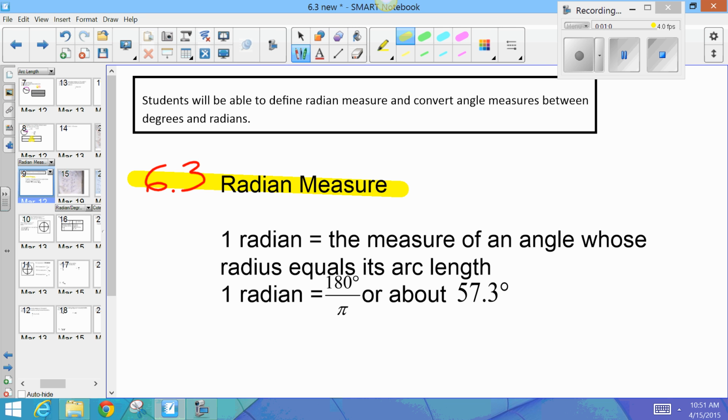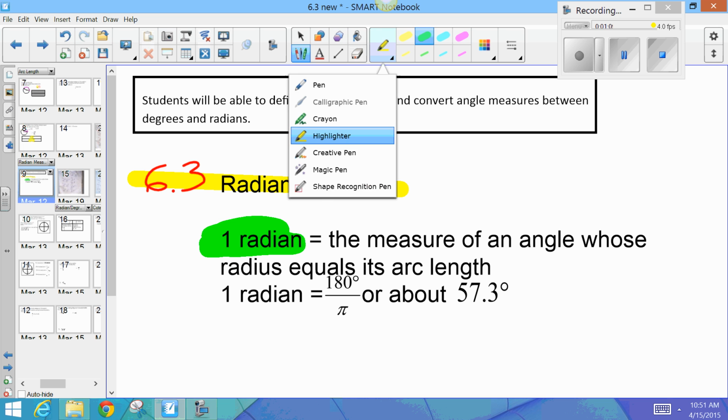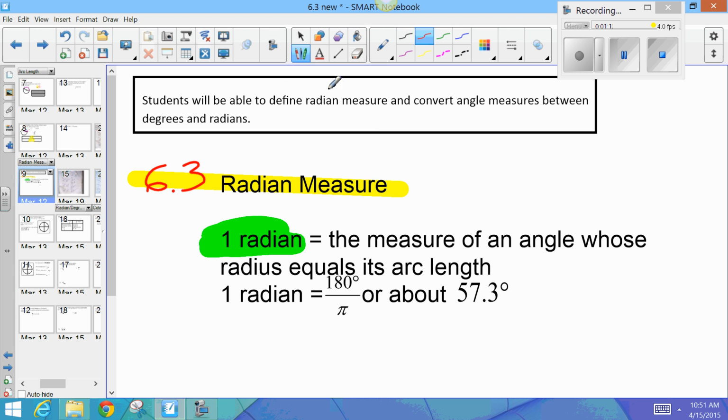Okay, so now we've got a definition for that. All right, so it's a new unit of measure. A radian is a unit of measure for angles.